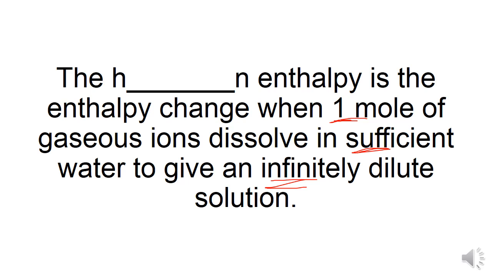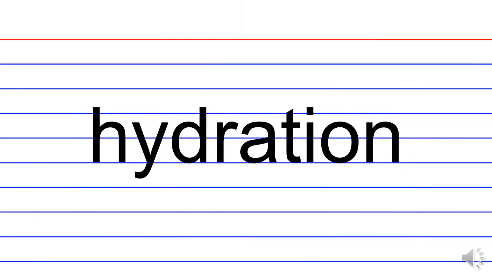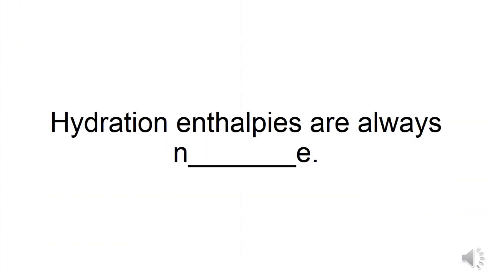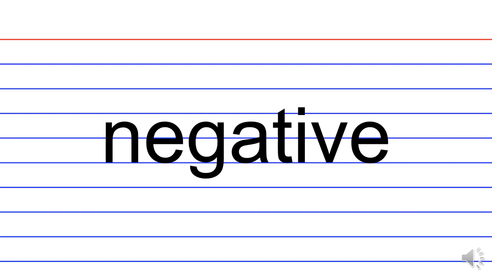So what type of enthalpy is this? That would be hydration, the hydration enthalpy. Hydration enthalpies are always N blank P. So what's this characteristic that they have? Negative. They're always negative.